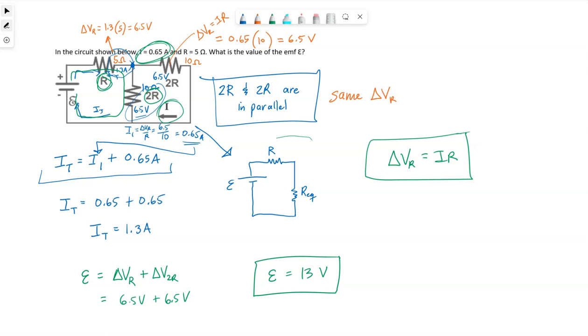We didn't need to find this equivalent resistance because we could reason through knowing in parallel they had to have the same delta V, and we had enough information to find one of them, which means we then know the voltage for the other. So I'll do one more example as well, where we will end up needing to use the equivalent resistance, and we can work from there.